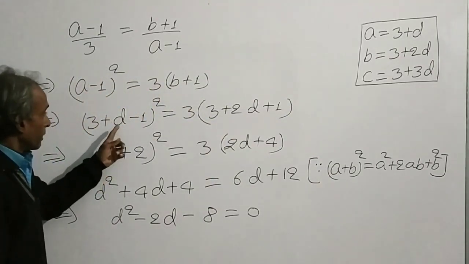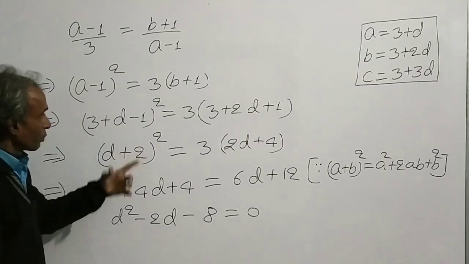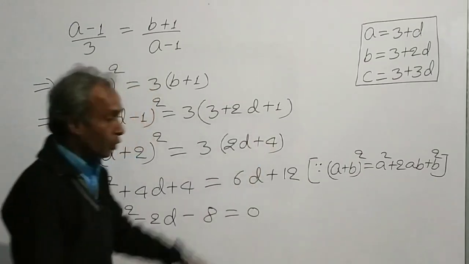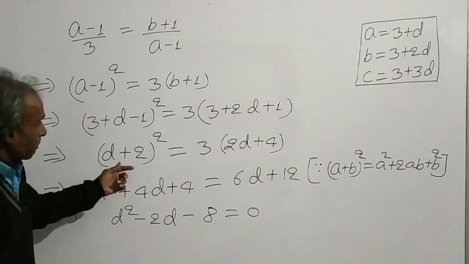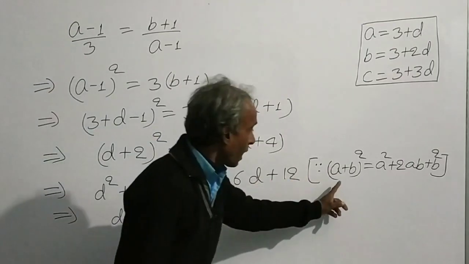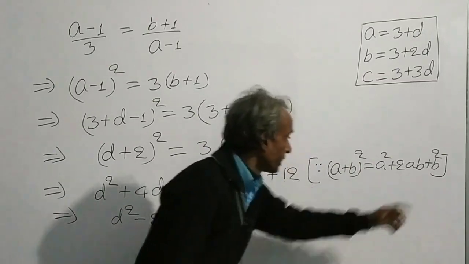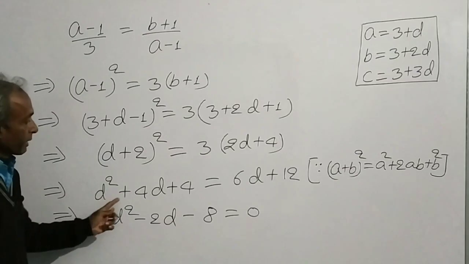Then this becomes D, 3 minus 1 plus 2, 2D, 3 plus 1 is 4. Now we apply the formula for A plus B whole square. After applying this formula, we write D plus 2 whole square as this.